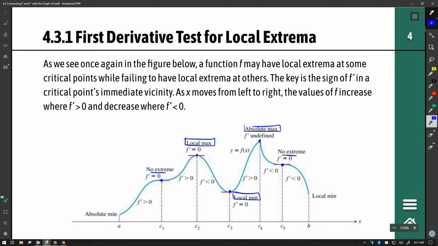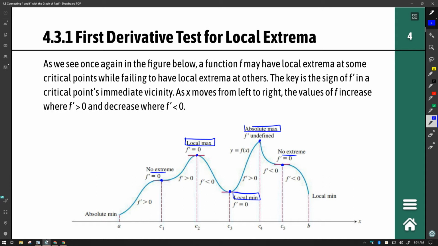There's not one at c1 or at c5. And we see here that the graph continues to move up or continues to move down at c1 and c5. The key to whether f prime undefined or f prime 0 is going to be a local max or local minimum has to do with the sign of f prime right around that point.